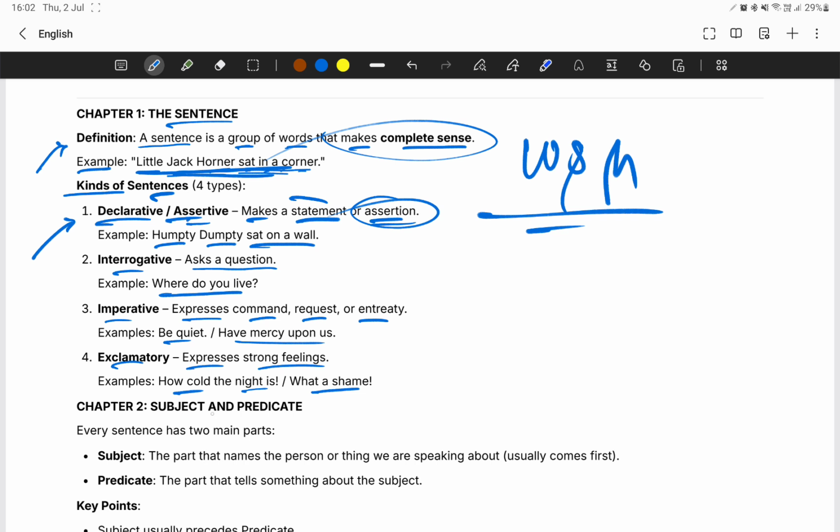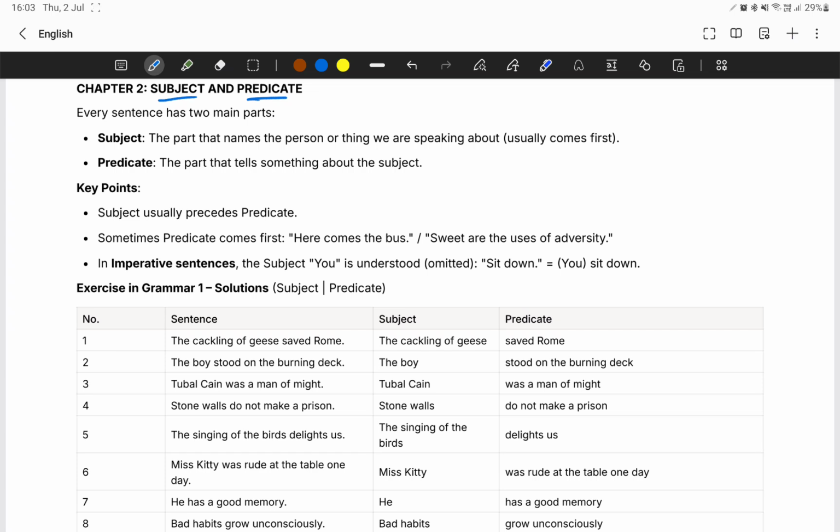Next chapter we have to understand subject and predicate. So what do subject and predicate actually mean? Every sentence has two main parts. One is the subject and the other one is the predicate. The subject is the part that names the person or thing we are speaking about, and it usually comes first.